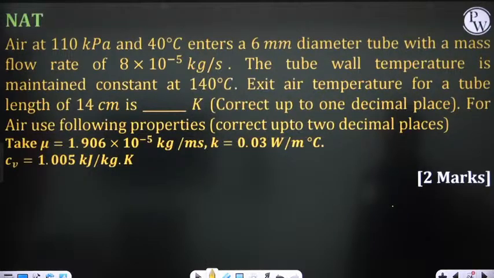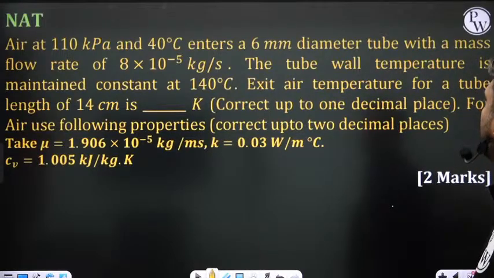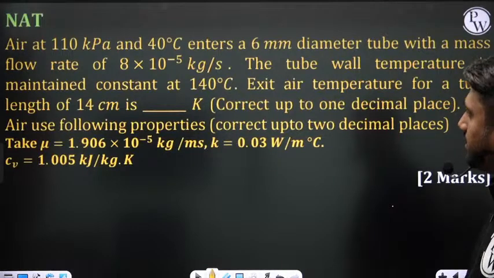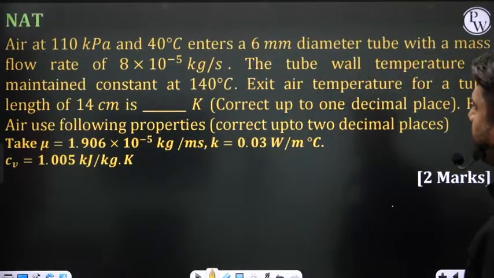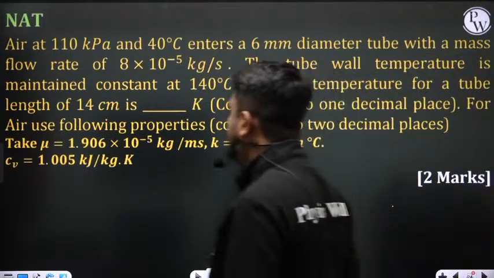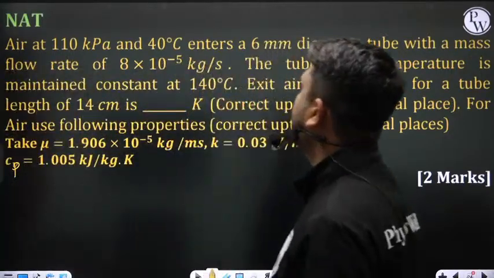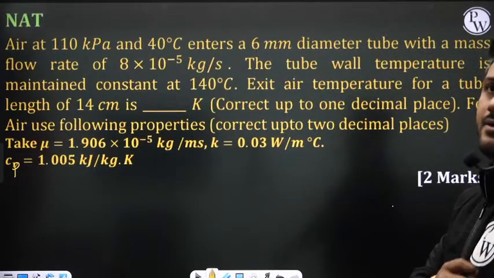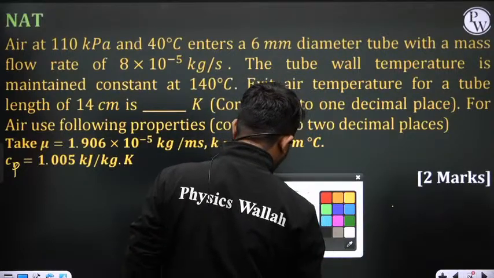The exit air temperature for the tube length of 14 centimeter is asked. Properties of air are given: viscosity, thermal conductivity, and the specific heat C is 1.005 kilojoule per kg Kelvin. Okay, so this is a tube.